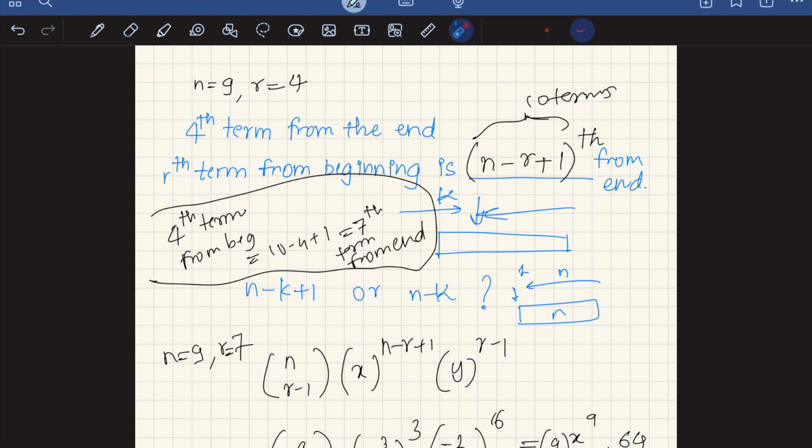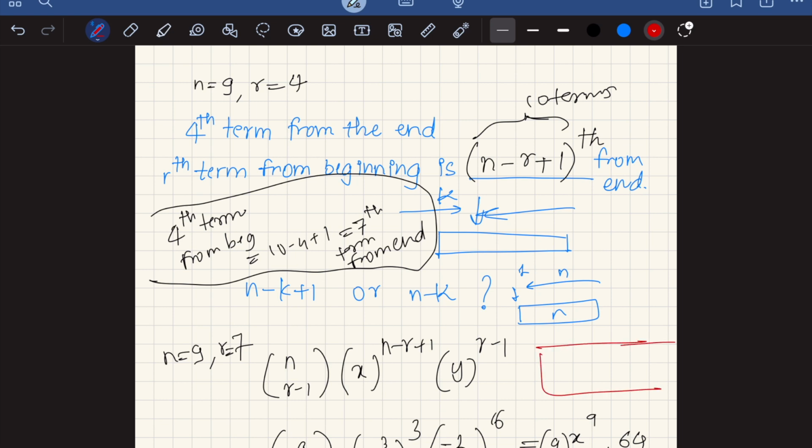Okay, so this is not clear. So let's look at this. Let's say you have n terms here, and you are looking at the rth term from the beginning. So what would it be from the end is the question.